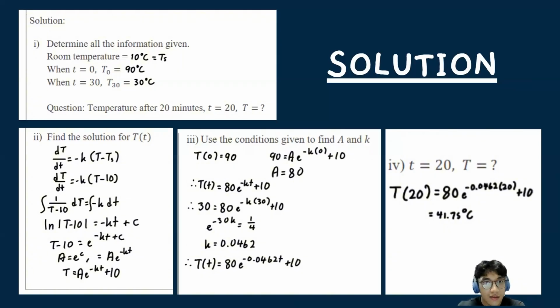Now we can find the temperature after 20 minutes by putting 20 into the new equation, and then we get 41.75 degrees Celsius. So that's all for the problem solution.